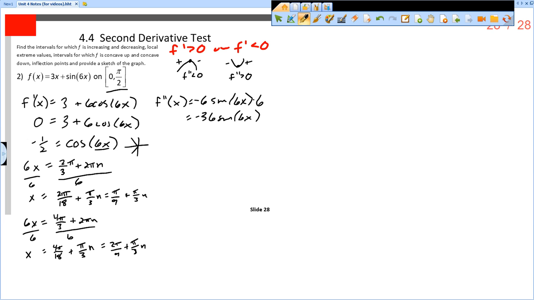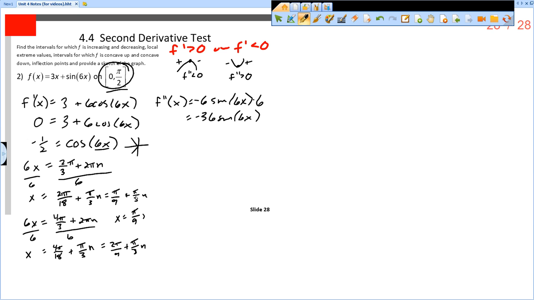All right, and so now we need to realize what our domain is, 0 to pi over 2. So pi over 9, of course, is between 0 and pi over 2. But then if I add pi over 3, sorry, you were adding 3 pi over 9.